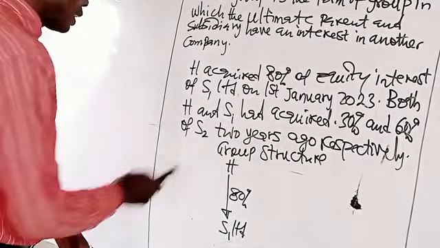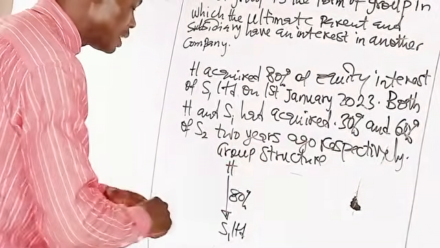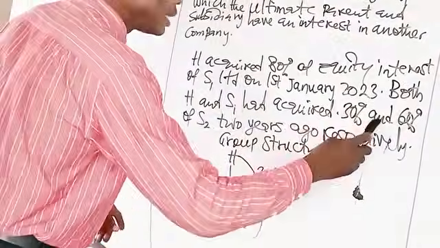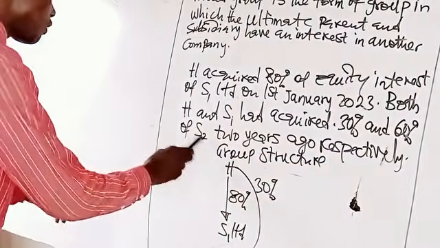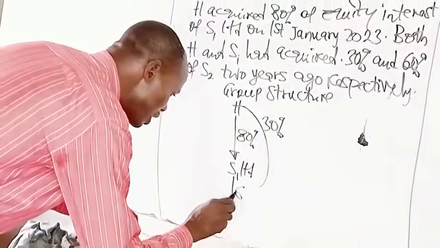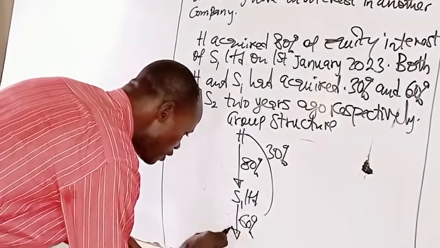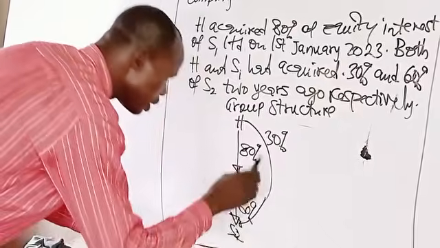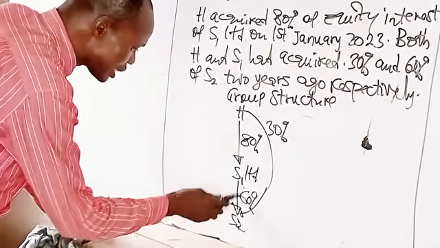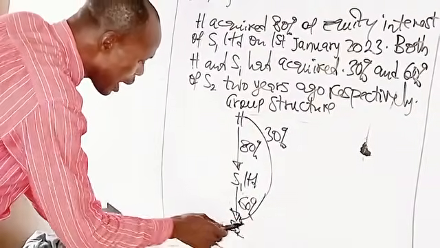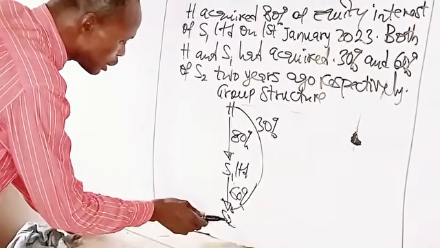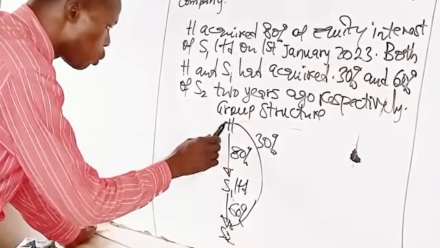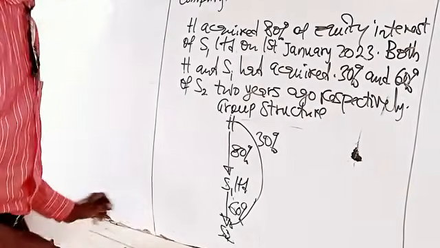H acquired 30% of S2 and S1 acquired 60% of S2. S1 acquired 60% of S2, H acquired 30% of S2, while H also acquired 80% of S1.